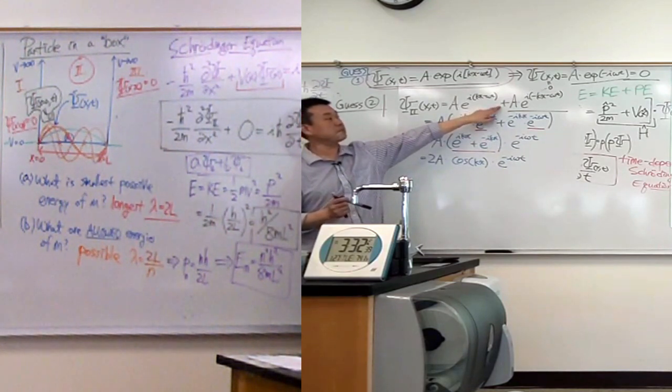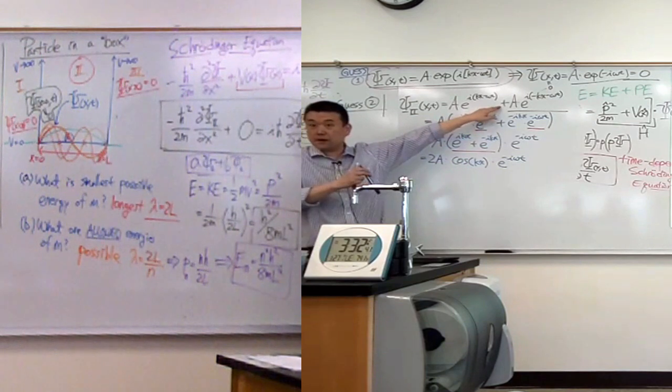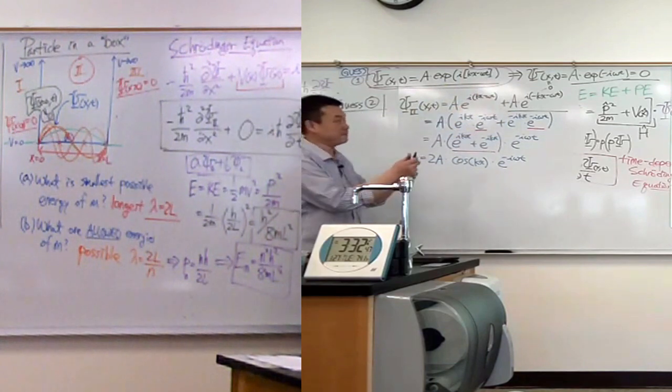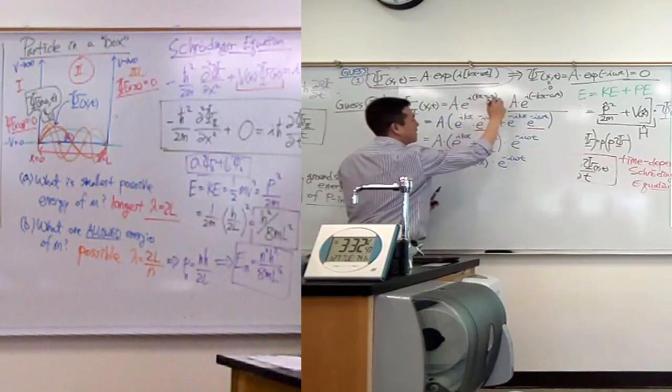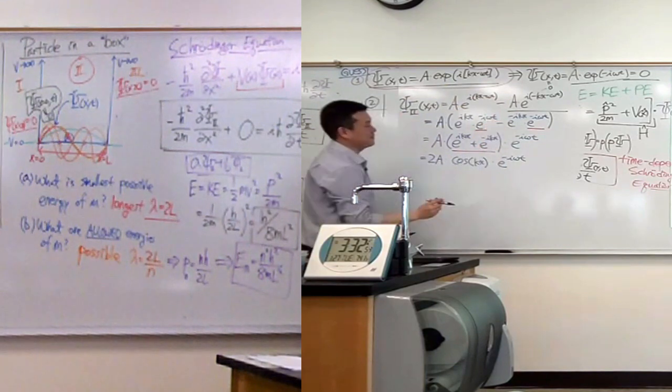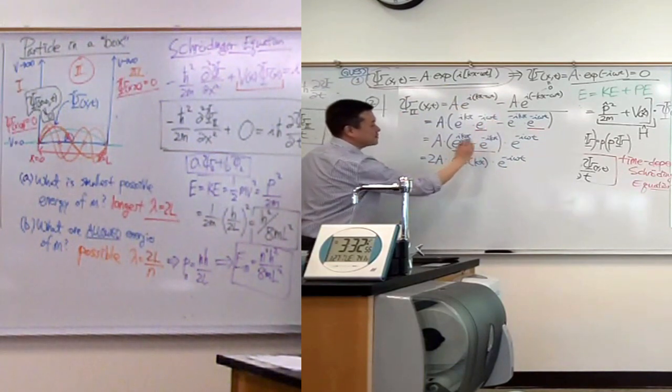And this plus being minus is actually no problem in terms of our guess, right? We could have guessed psi 1 minus psi 2. So let me fix that. So this is minus, meaning this is minus, meaning this is minus.